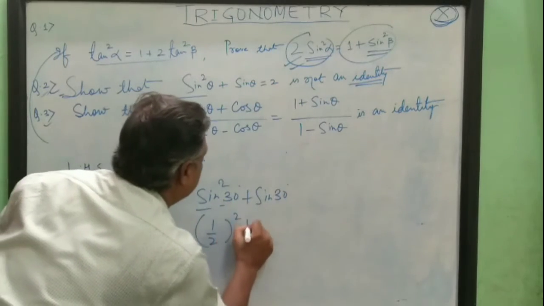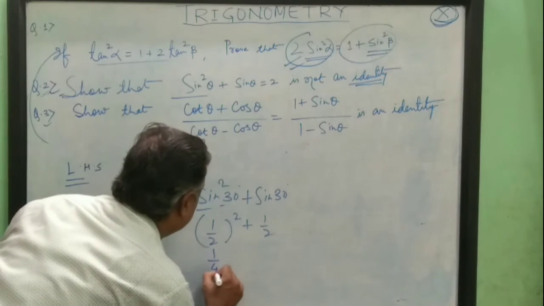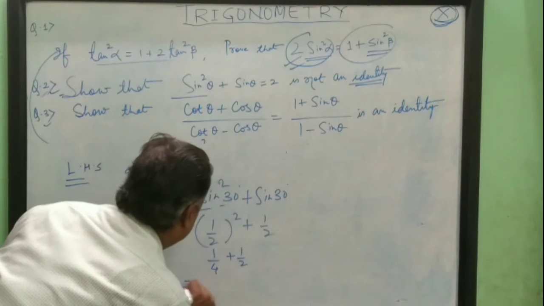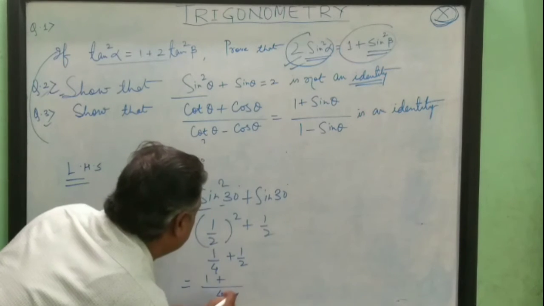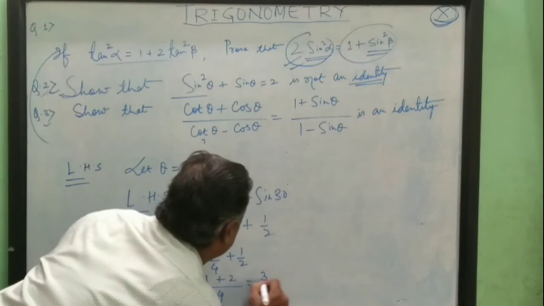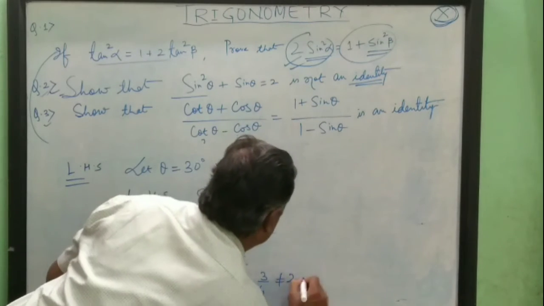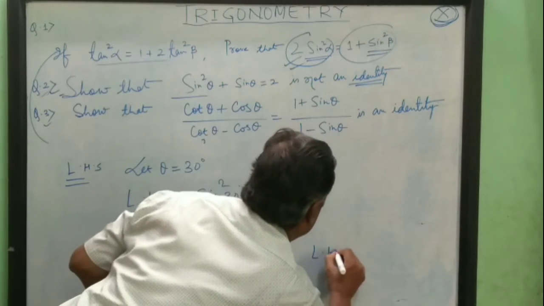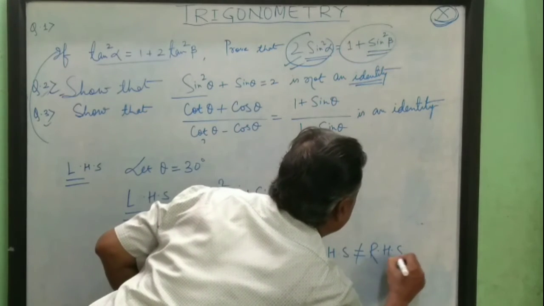So (1 by 2) square plus 1 by 2. (1 by 2) square is 1 by 4, plus 1 by 2. LCM is 4. It is 1, so 4 divided by 2, 2 2s are 4. So it is 3 by 4, not equal to 2. So LHS is not equal to RHS.